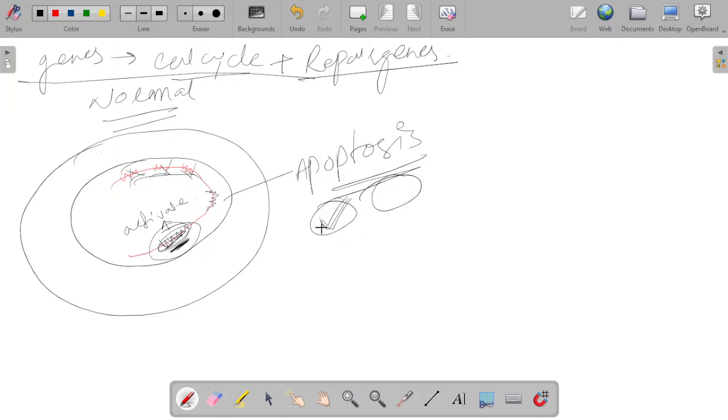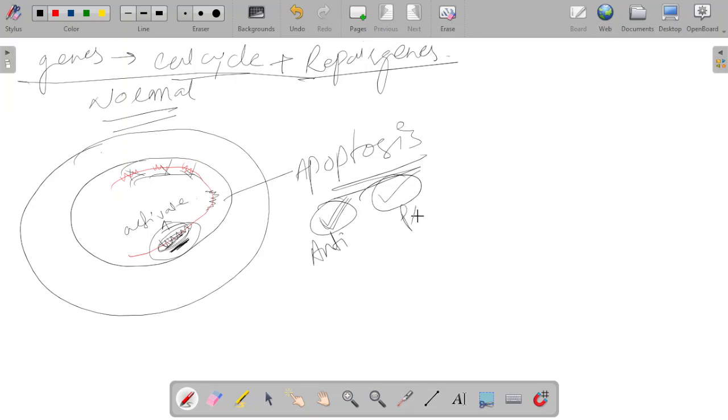Anti-apoptotic genes resist apoptosis, meaning they are cell survival genes. Whenever they are activated, the cell becomes long-lived. And when the pro-apoptotic genes are activated, the cell undergoes apoptosis. So these are the two kinds of genes.